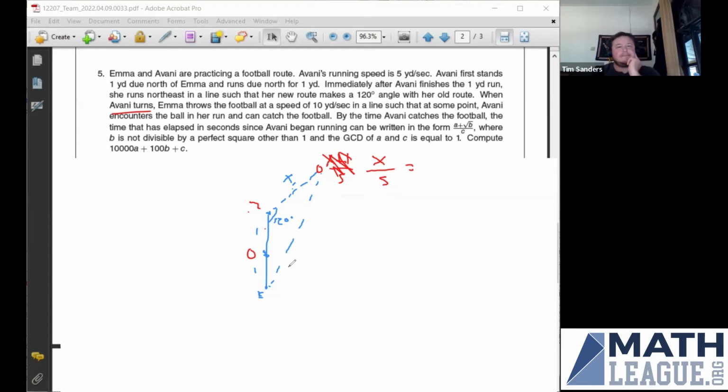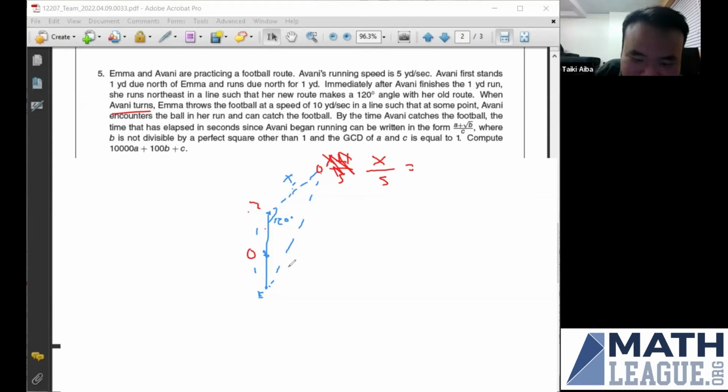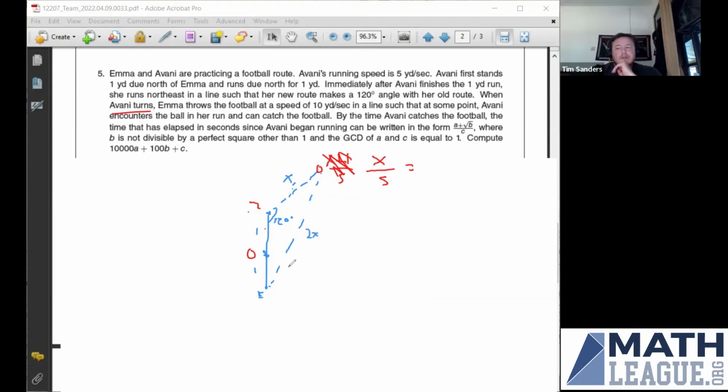Beautiful. Okay, so I believe this distance would be 2x. I like it. Then the whole time parameter is erased at that point, and we cut straight to the chase. All right, cool. So just to law of cosines it out really quickly, we've got what, 4x squared equals.